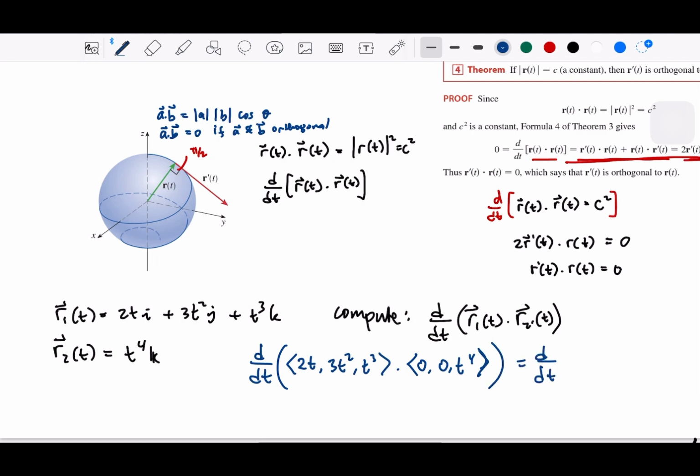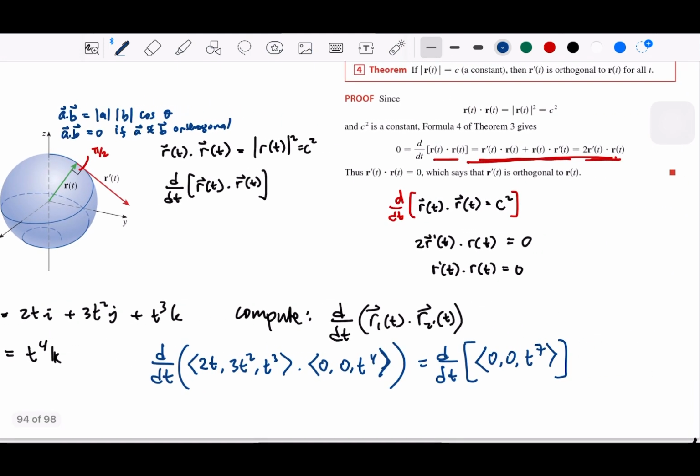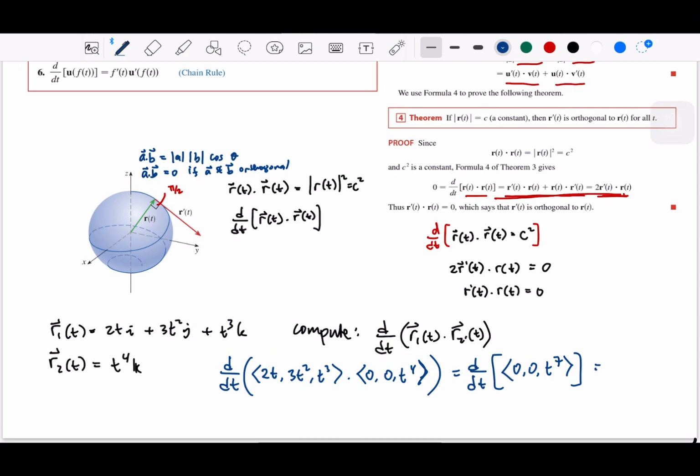And then we get 0, 0, and t to the power of 7. And then the derivative will be 7t to the power of 6.